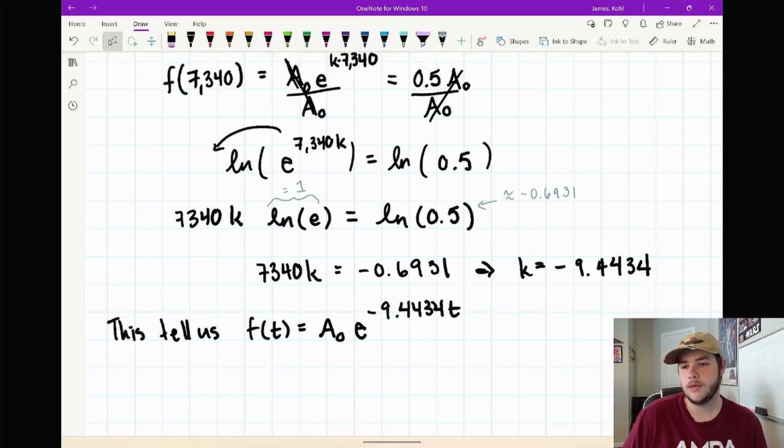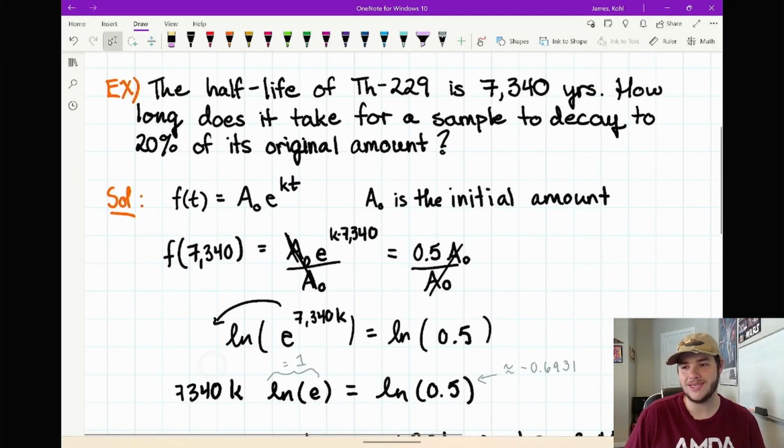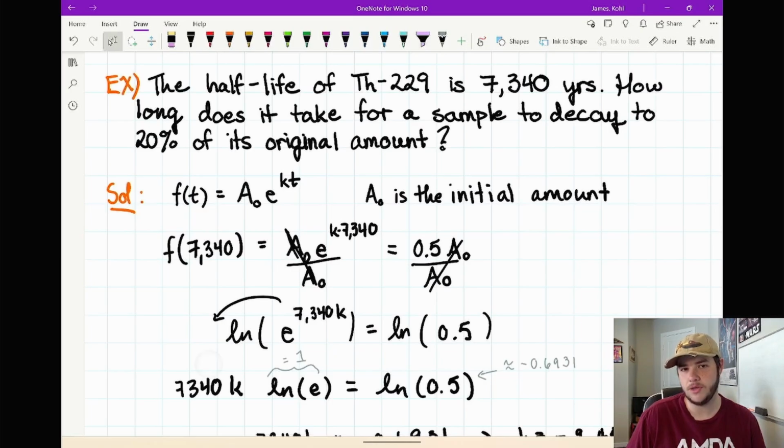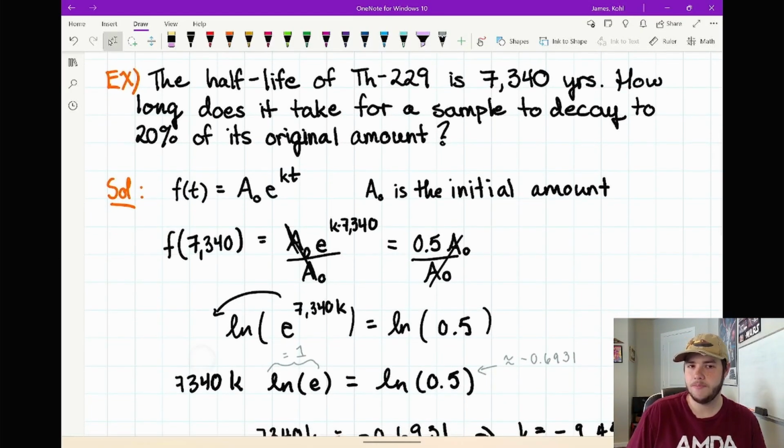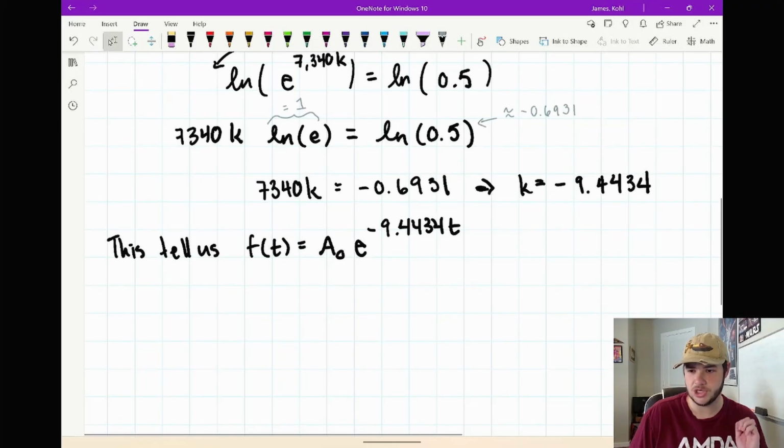So, remember the problem was actually asking for how long it takes for it to decay to 20% of its original amount. But that value of k was necessary in order to get that information. Let's see why.